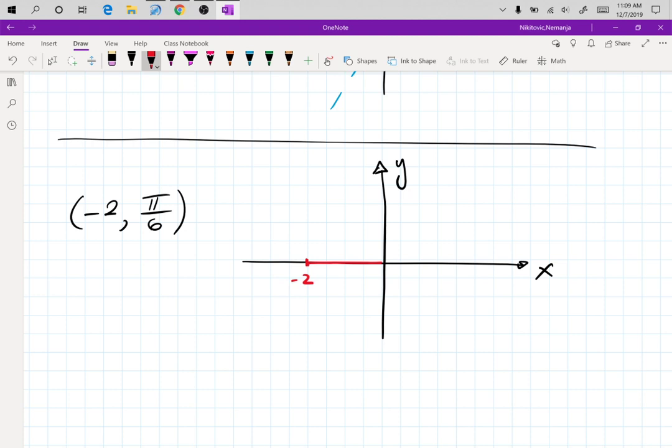So which way do I go? Do I go from -2 above or below for positive pi over 6? Below. Because the positive angles are always counterclockwise. No matter what, your positive angles are always counterclockwise. So you will swing down to get to your (-2, pi over 6).